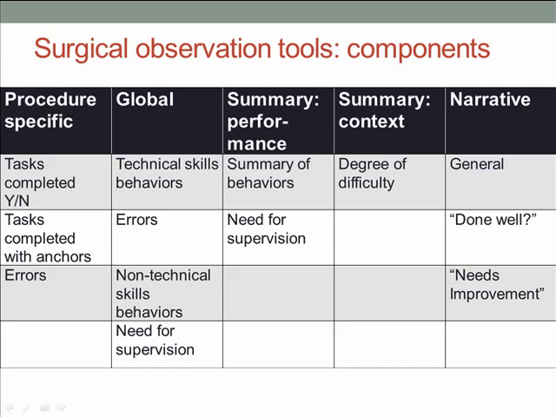Usually some kind of summary that either summarizes the behaviors observed or summarizes need for supervision in a single rating. Some of them have a summary for the context, degree of difficulty, which I really like. And then most of them have room for narrative, either unstructured or like did well, needs improvement, something like that to guide the narrative. And I'm going to show you a few high-profile examples and sort of explain them.